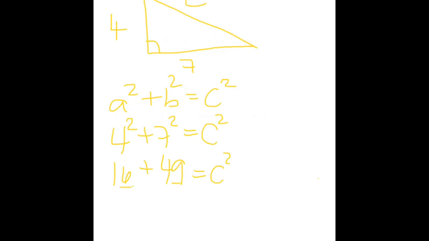So you have 65 is equal to c squared. You're going to take the square root of 65 and the square root of c squared.